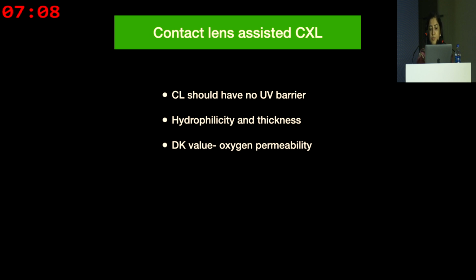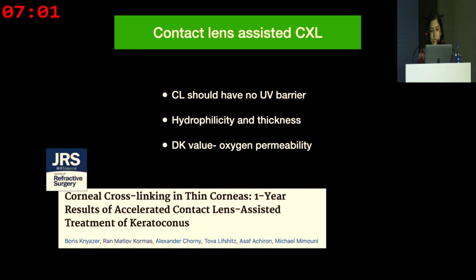And again, the oxygen permeability depends on the Dk value of the contact lens. So a contact lens that suits all these things should be used. There was this study by this group that was published in JRS, which showed that there was an 80% success rate of this particular contact lens, and they reported a 20% failure.